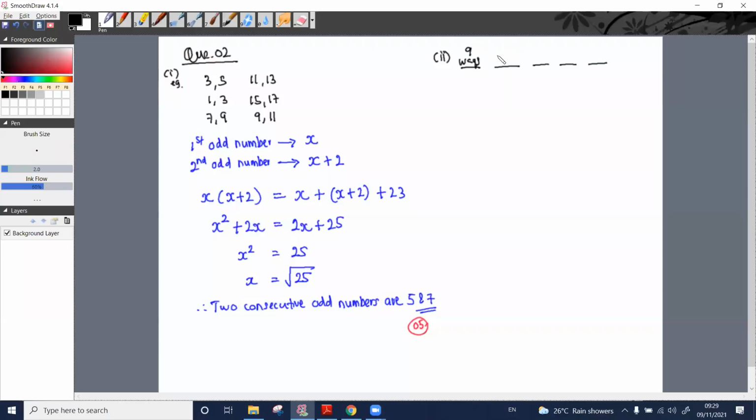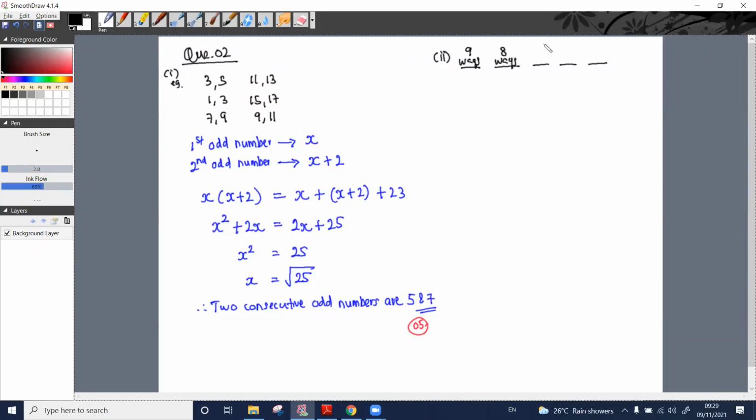Now to put a digit in the second place, how many options do we have? Repetition is not allowed, so a used digit cannot be used again. Only 8 remain. We have 8 ways.